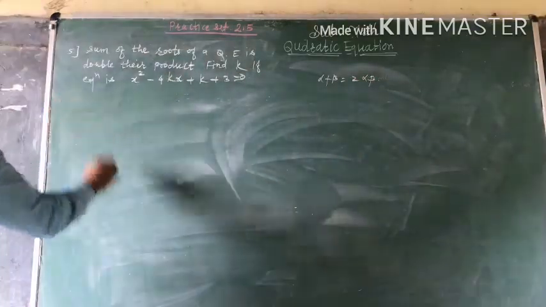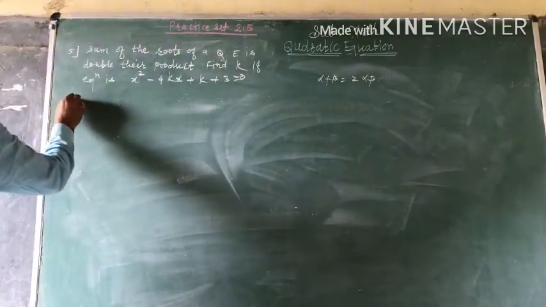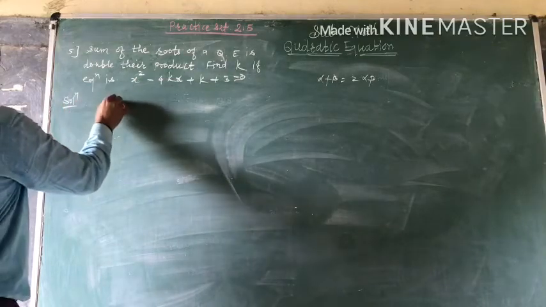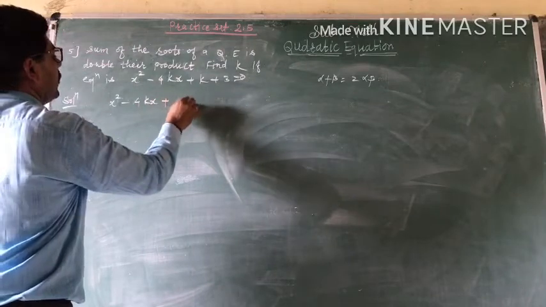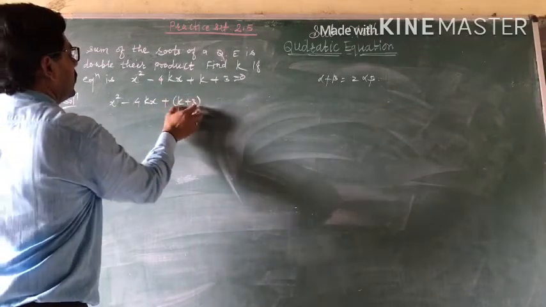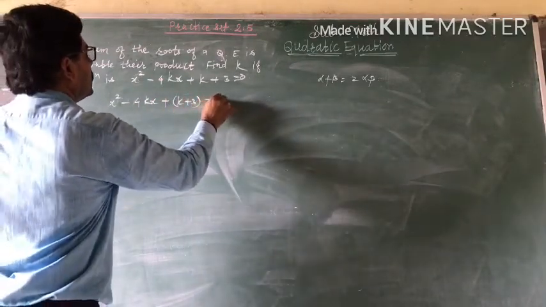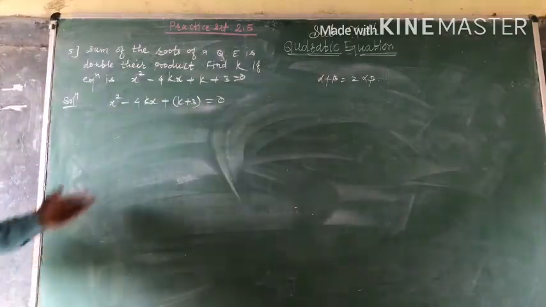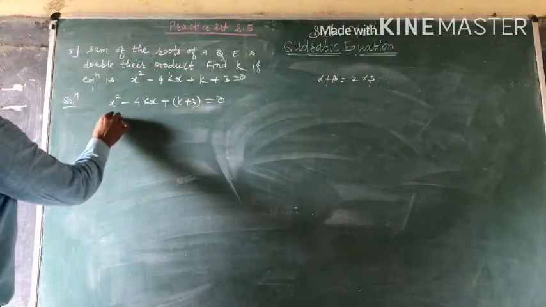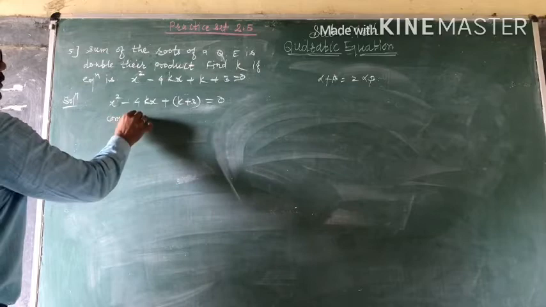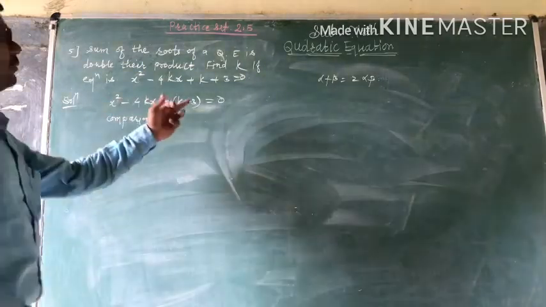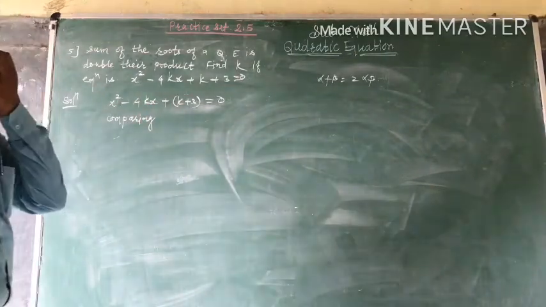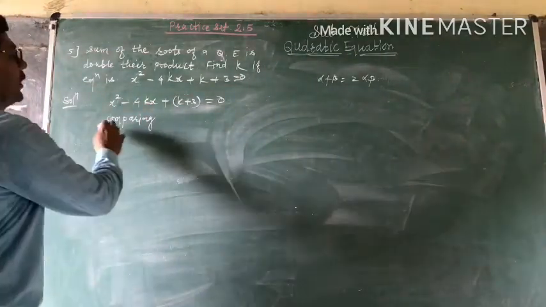For that, first the given equation x square minus 4kx plus k plus 3, this is the third term here, is equal to 0. From this equation, we will find the value of alpha and beta.